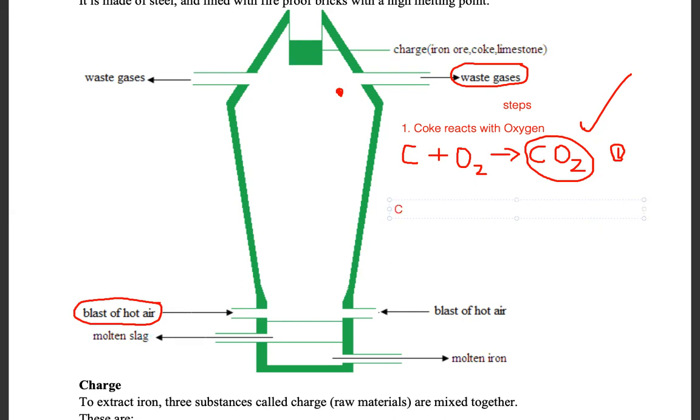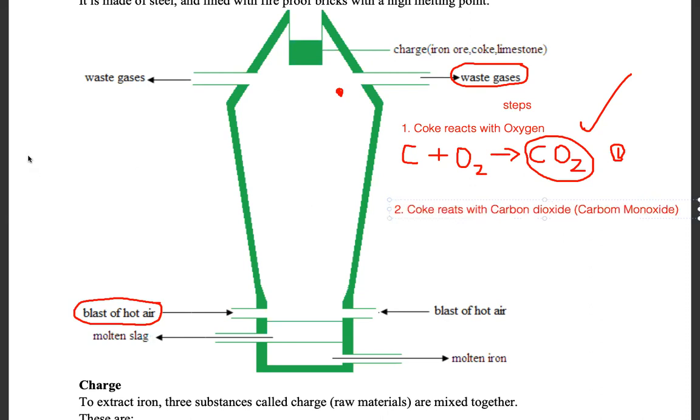So carbon, coke, reacts with the carbon dioxide, and what is formed here is carbon monoxide. So carbon monoxide is produced.